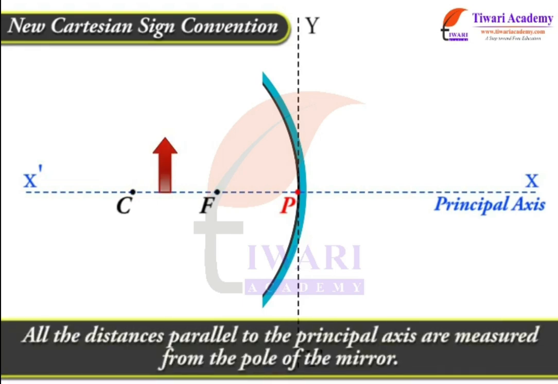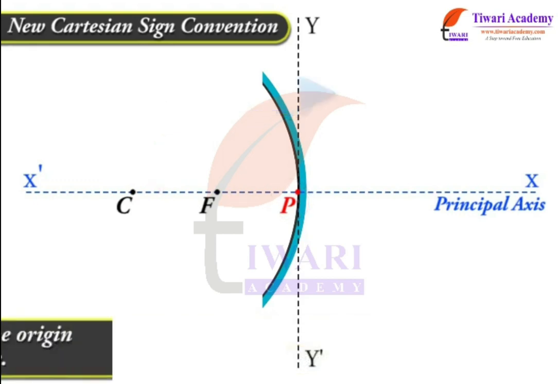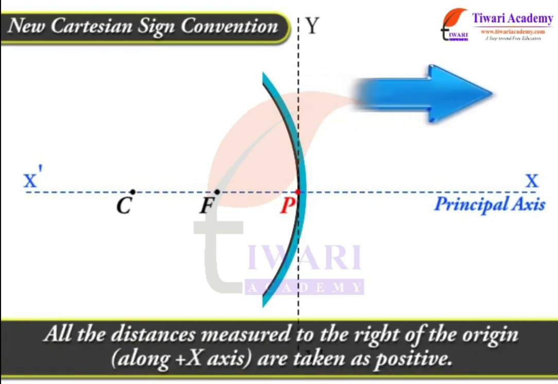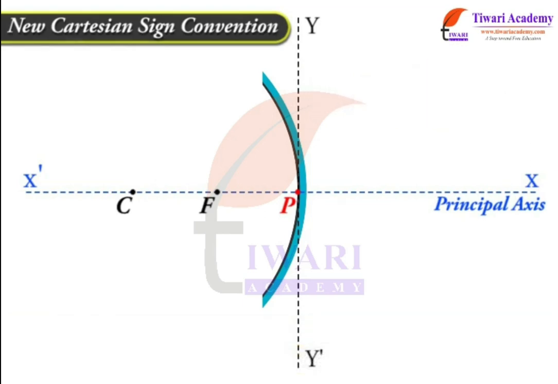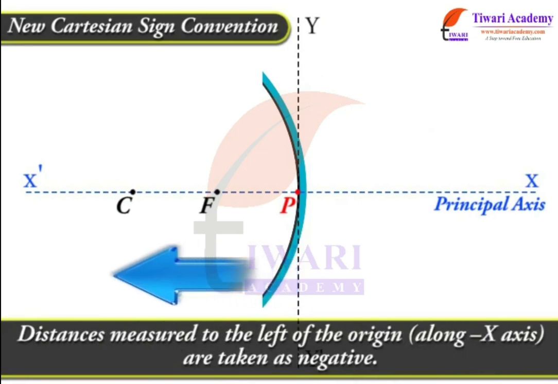All the distances parallel to the principal axis are measured from the pole of the mirror. All the distances measured to the right of the origin along plus x axis are taken as positive, while those measured to the left of the origin along minus x axis are taken as negative.